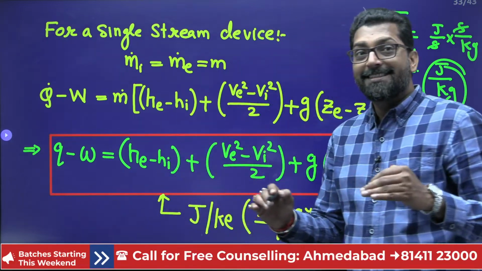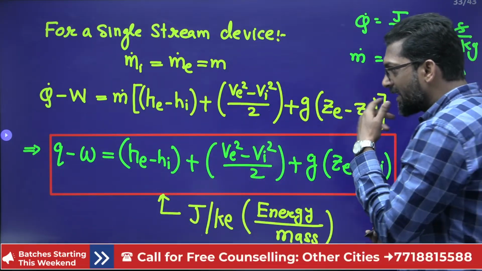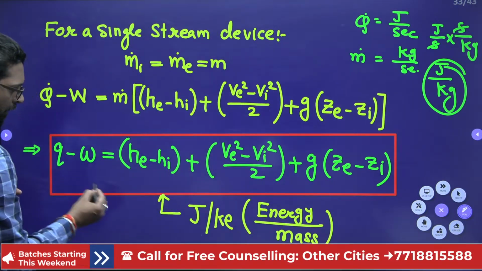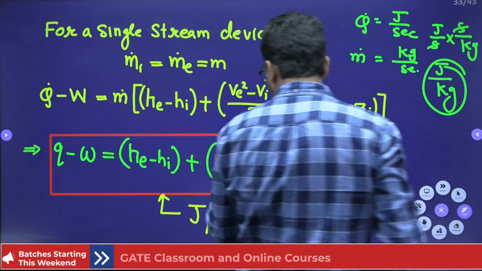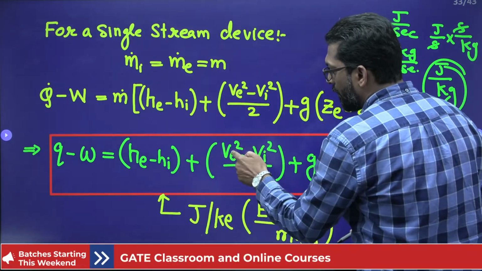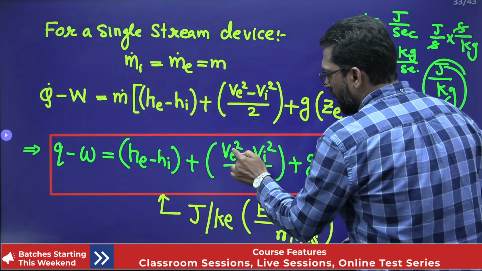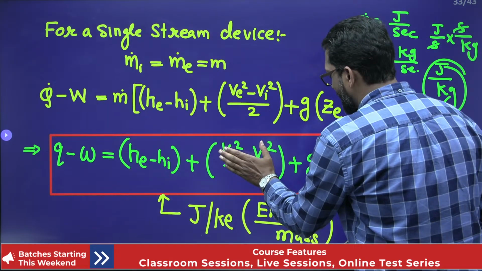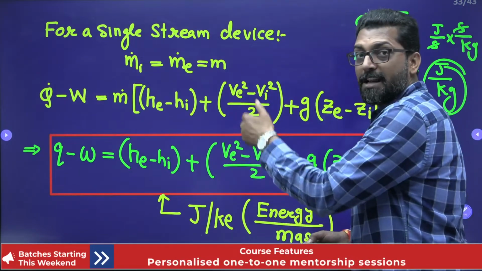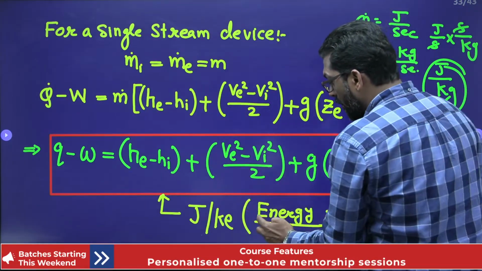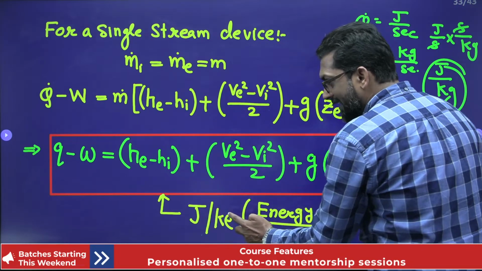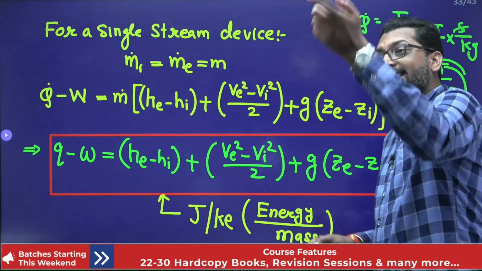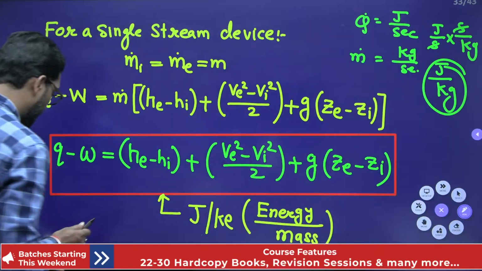Now V square, that means the square of velocity, meter per second whole square. So joule per kg is related to meter per second whole square. How? Right. This is very important. Note.